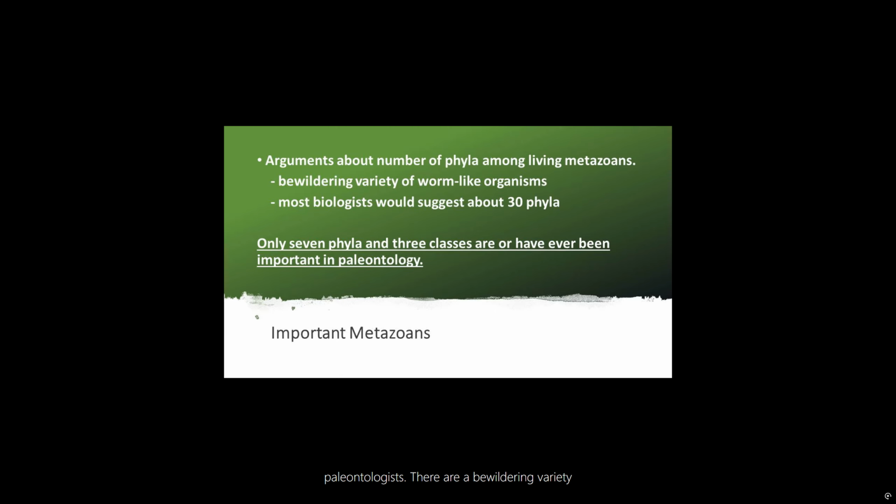There are a bewildering variety of worm-like organisms, for example, that do not typically exist in the fossil record. Most biologists would suggest about 30 phyla, but only 7 phyla and 3 classes are or have ever been important in paleontology because they have hard parts that fossilize well.